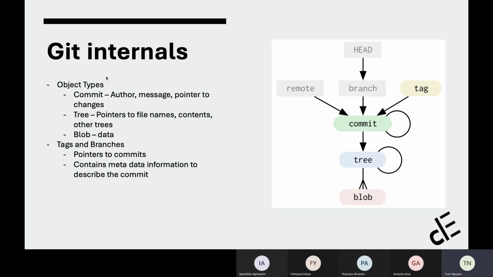If you see a blob object, it only contains data. It doesn't even know about file names or whatever. And also the tags and branches are pretty much just pointers to commits. So there's nothing special there. Instead of a commit that you see as a hash text, the tags and branches are pretty much just giving it a name, and that's it.